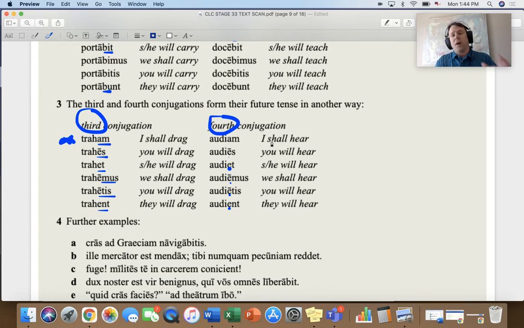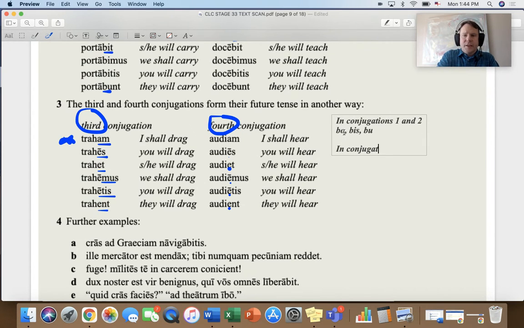Now, here's my rhyme, okay? And I'm going to put a text box out here and I'm going to type this out because it's quite a bit. And you should as well. This is my little rhyme here to help us. In conjugations 1 and 2, bo, bis, bit, right? Bo, bis, bit, bimus, bitis, bunt. Okay?